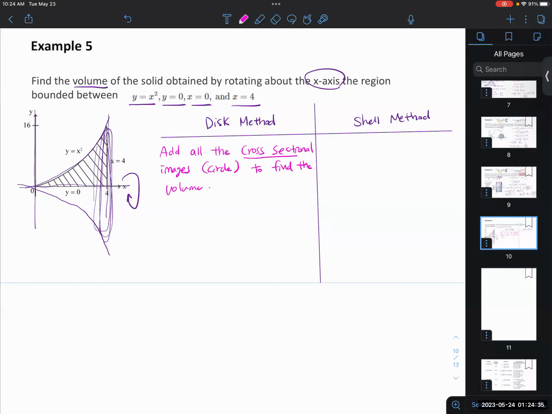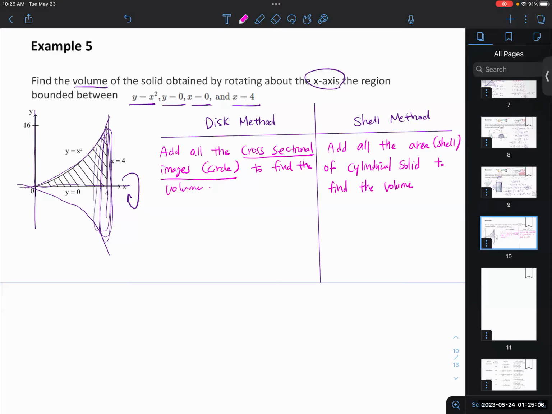The shell method is a little bit different. We are adding all the shells of cylindrical solids to find the volume.